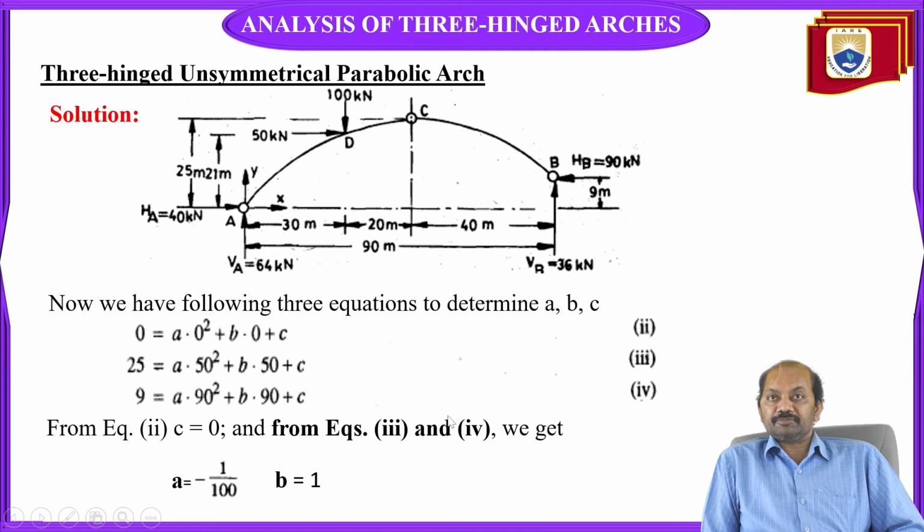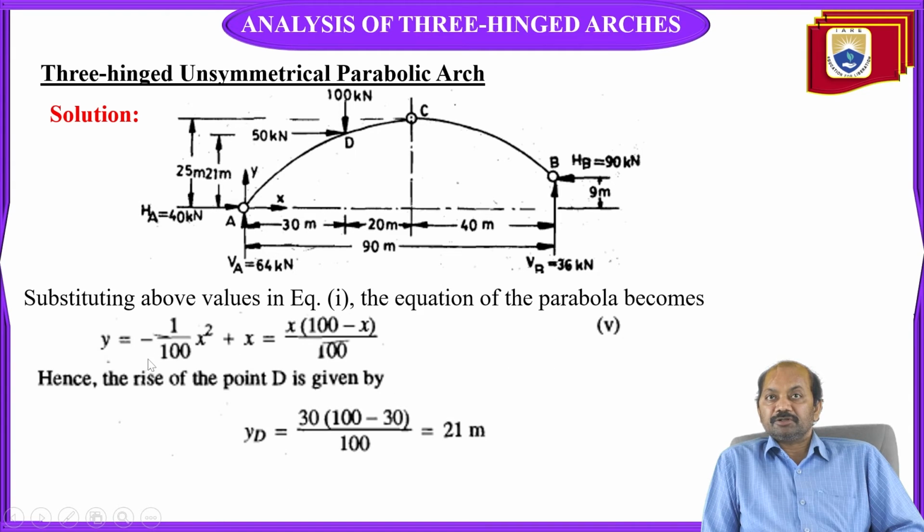Now the equation becomes this one: minus 1 by 100 is a, x square plus bx, b is 1, plus c is 0. And this equation becomes y = x into (100 minus x) by 100.